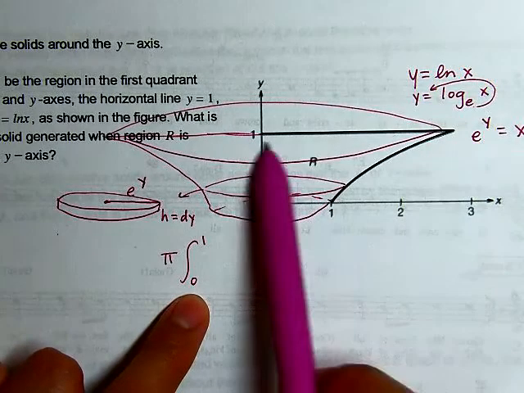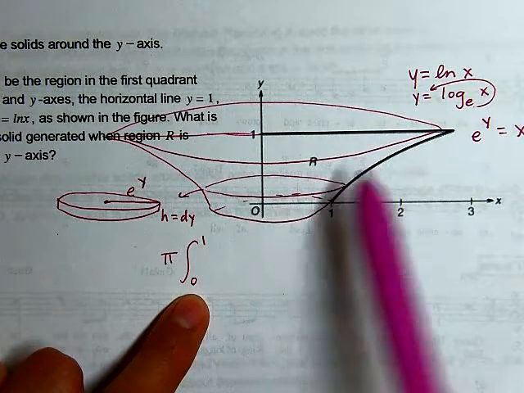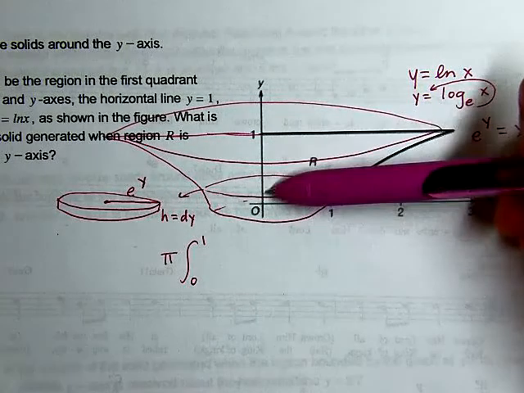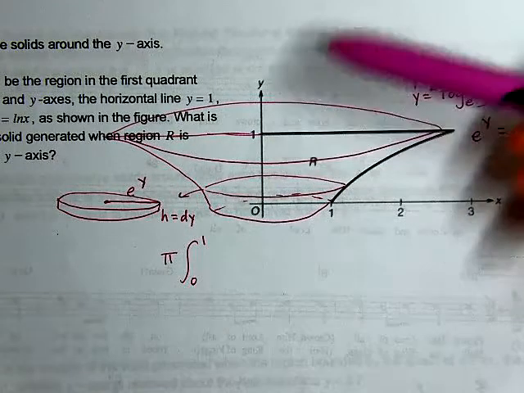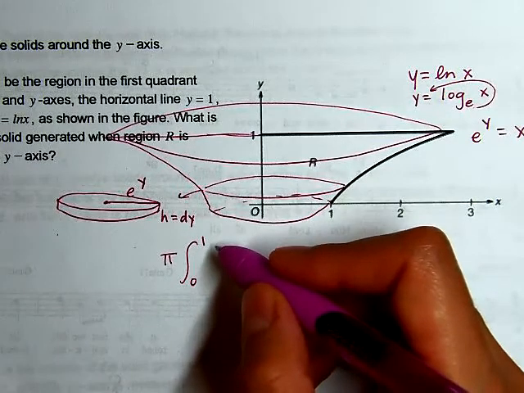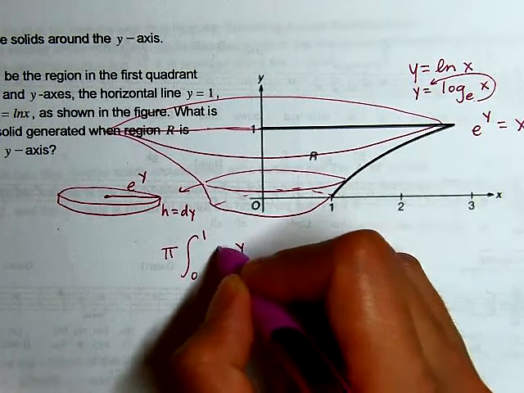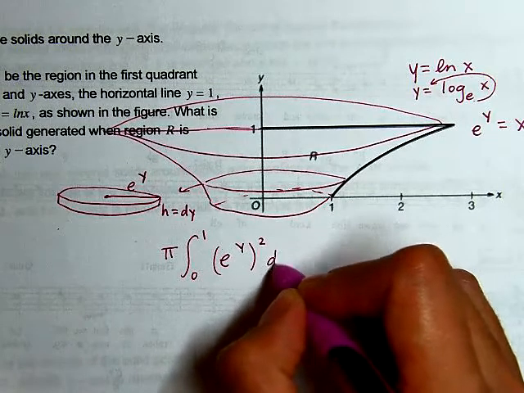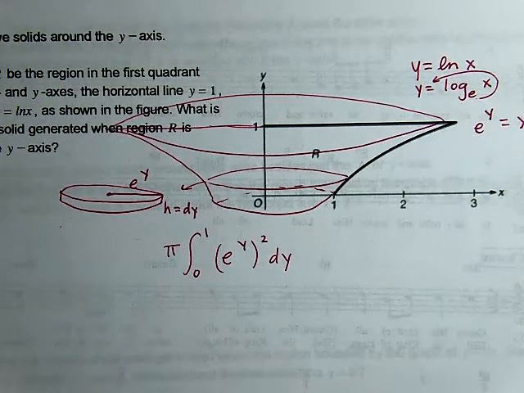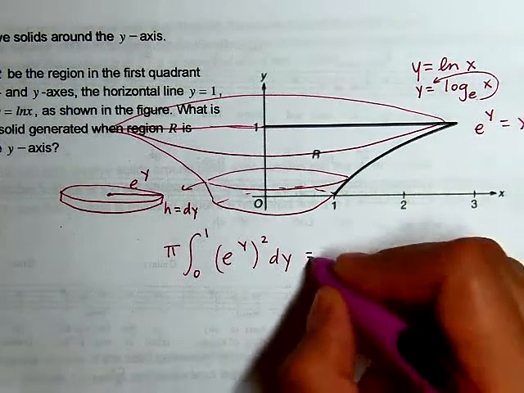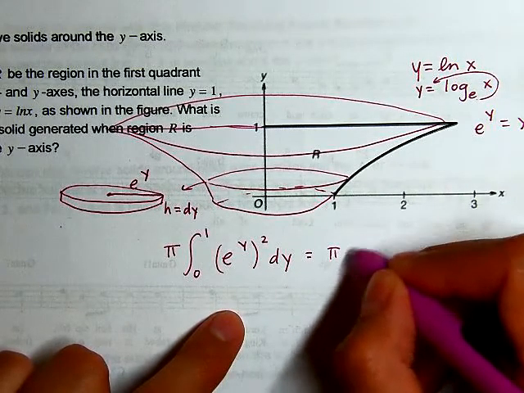Okay, so my x values actually go out a little bit further, but consistently my y values are going from 0 to 1. And then here is my radius, e to the y squared, and again my thickness is dy. So similar to last time, e to the y squared is the same thing as e to the 2y.